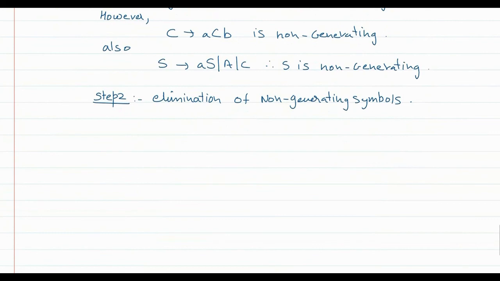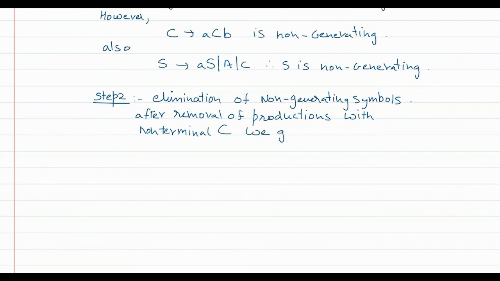So I will say, after removal of productions with non-terminal capital C, we get: S gives AS or A, S gives C will be removed.